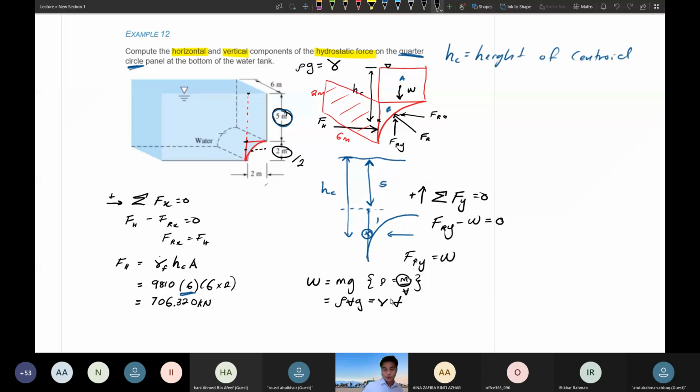So what is our first step? We need to find the gamma or the volume? Volume of the block. Why do you need to find the gamma? Because the gamma is already given. This is water, 9810. So what you need to find is the volume of block A plus block B.